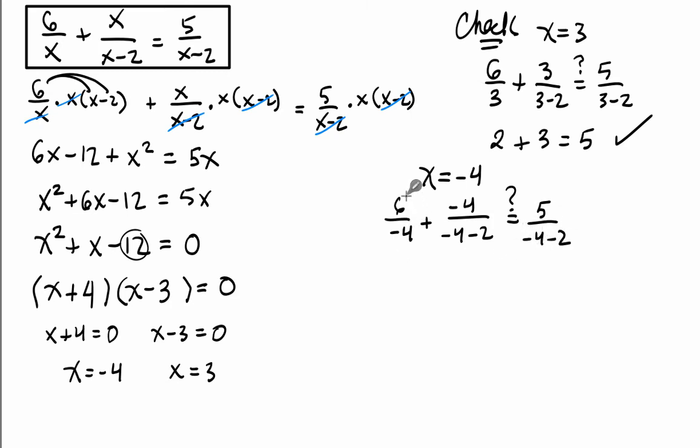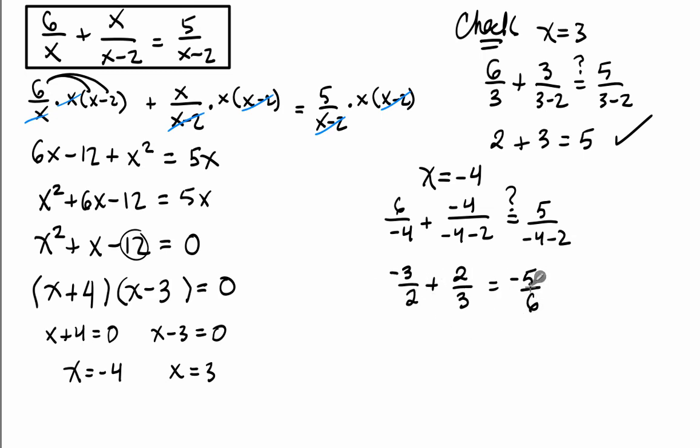If you simplify this fraction, 6 over negative 4, you can convince yourself that that's negative 3 over 2. Plus, you can convince yourself that this next term, negative 4 over negative 6, becomes 2/3. And the right-hand side becomes negative 5/6.